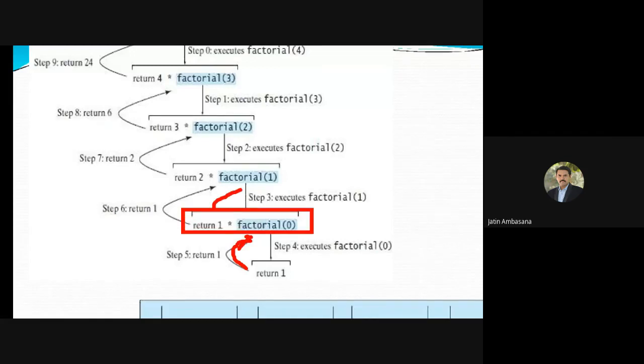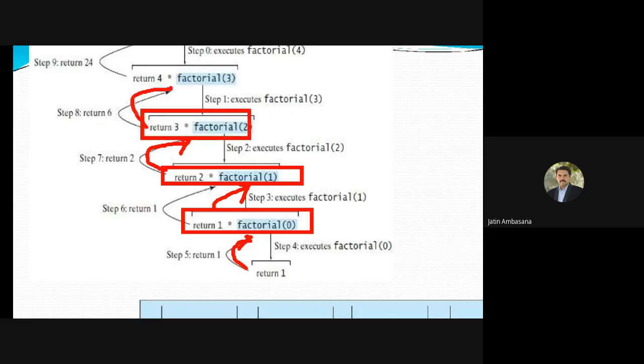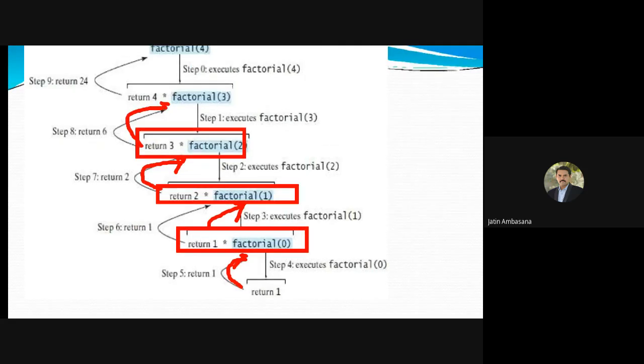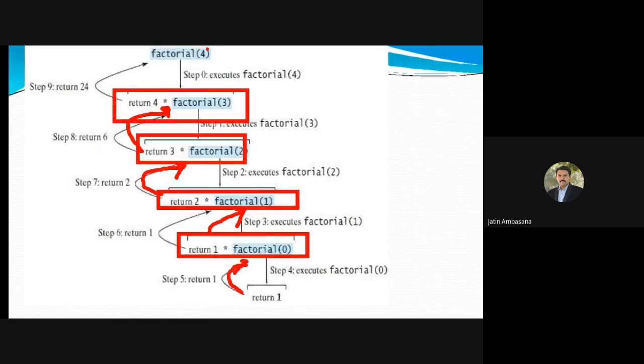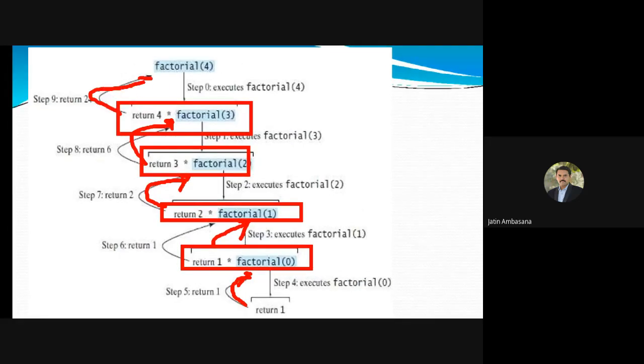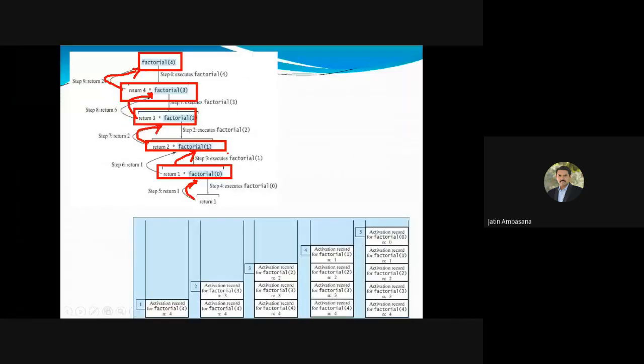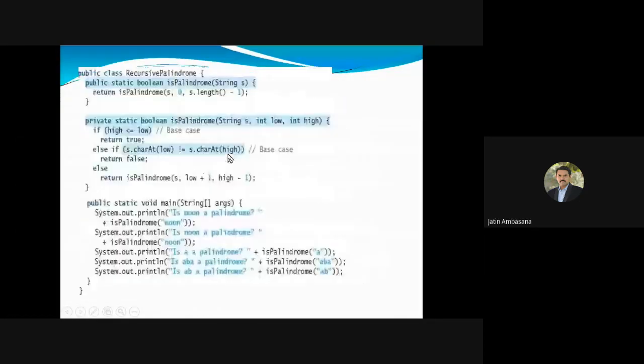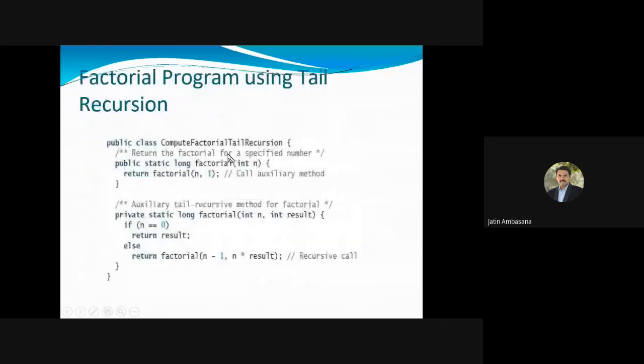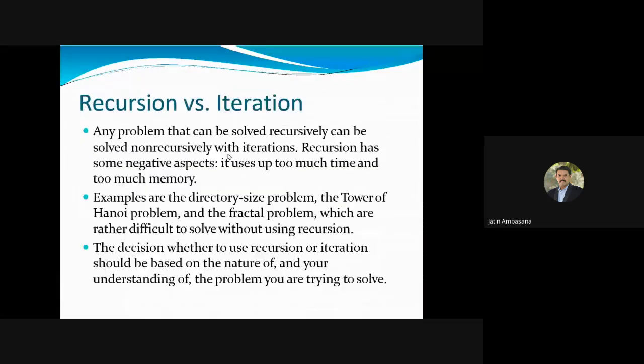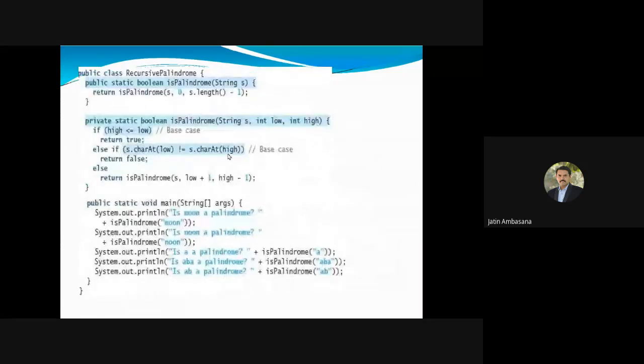The result of that returns 1, right? There is a multiplication operation. Result of that returns 2. There is a multiplication operation. Result returns 6. Again there is a multiplication operation. Result returns 24, and that's it. Now it ends over here. Okay. So that was not a tail recursive solution. Whereas this was which one? Palindrome was. Okay.